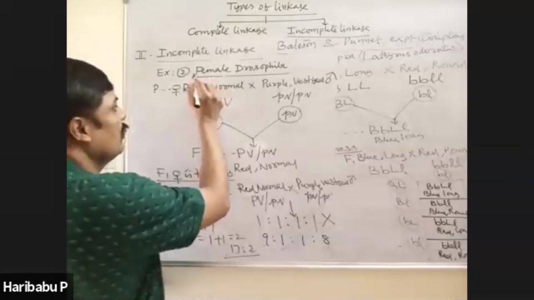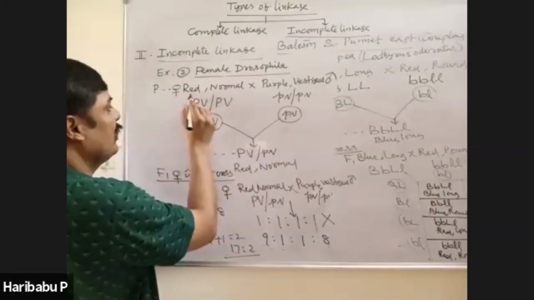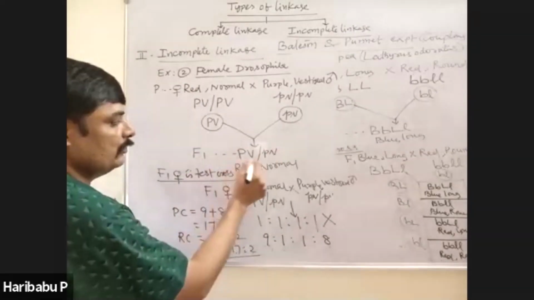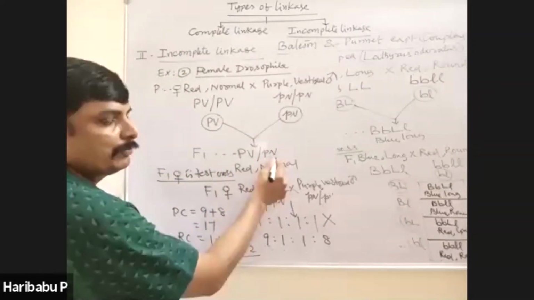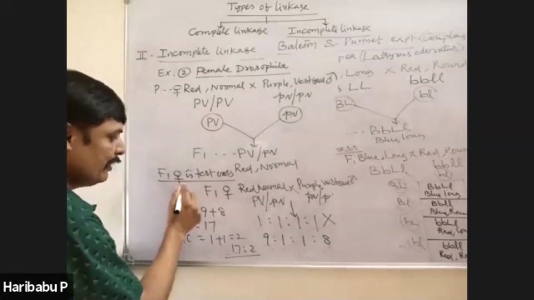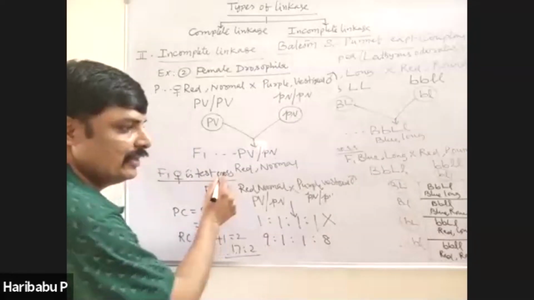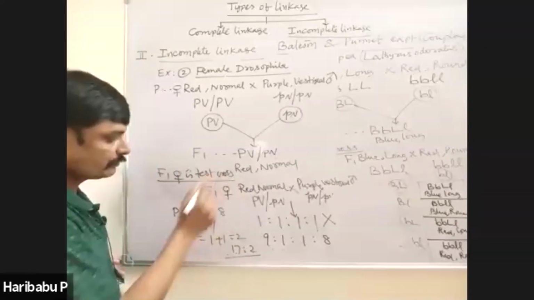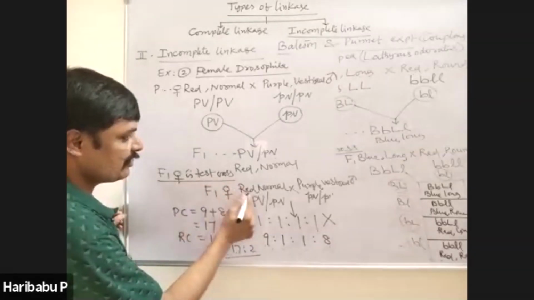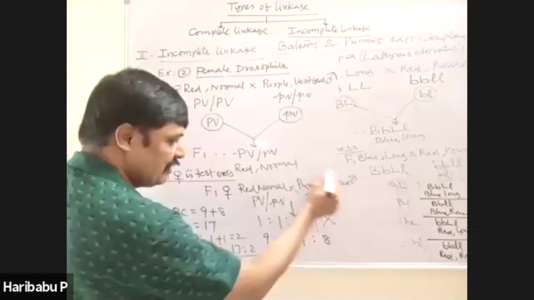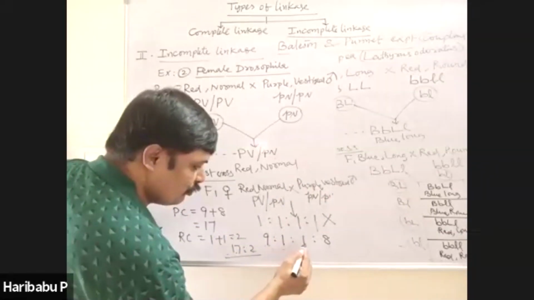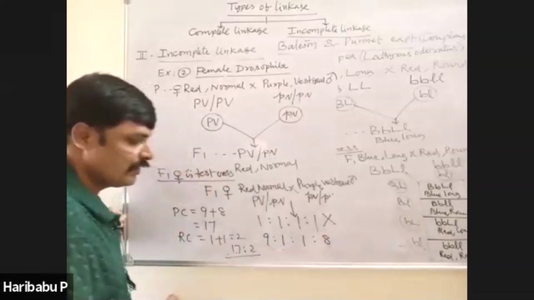See here, in female Drosophila, when purple vestigial is crossed, in the F1 red normal were obtained. When the F1 female is test crossed with the purple vestigial male, instead of the expected ratio, 9:1:1:8 is obtained.